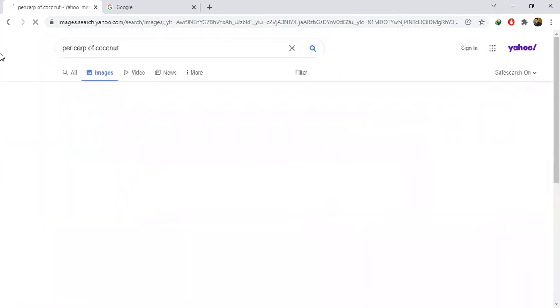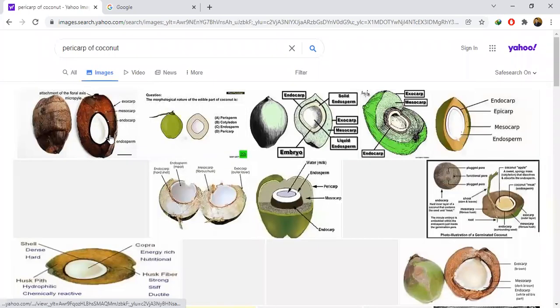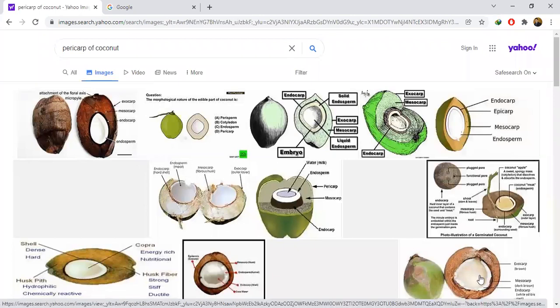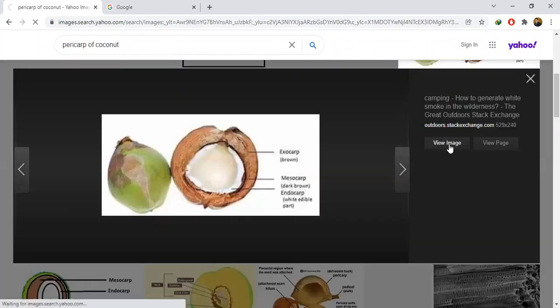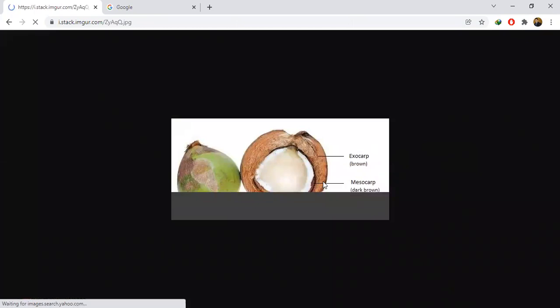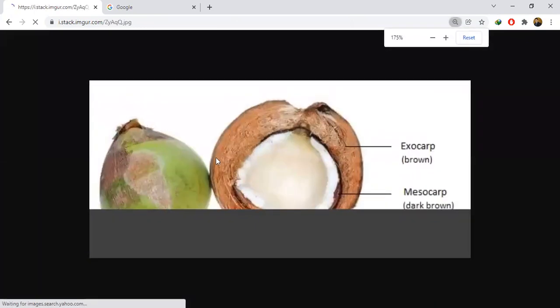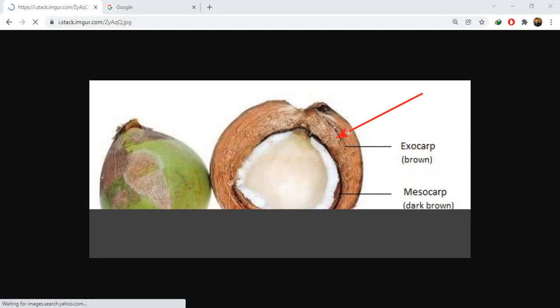If you cut the coconut like this, you will see a fibrous layer. This fibrous layer is what we call the pericarp. It is in our syllabus.